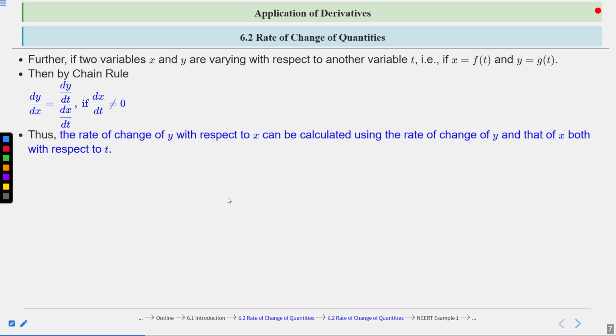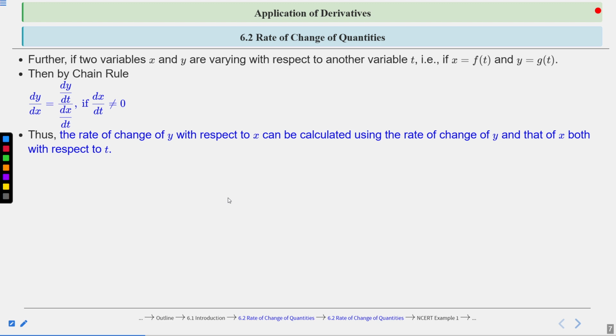Thus, the rate of change of y with respect to x can be calculated using the rate of change of y and that of x both with respect to t.